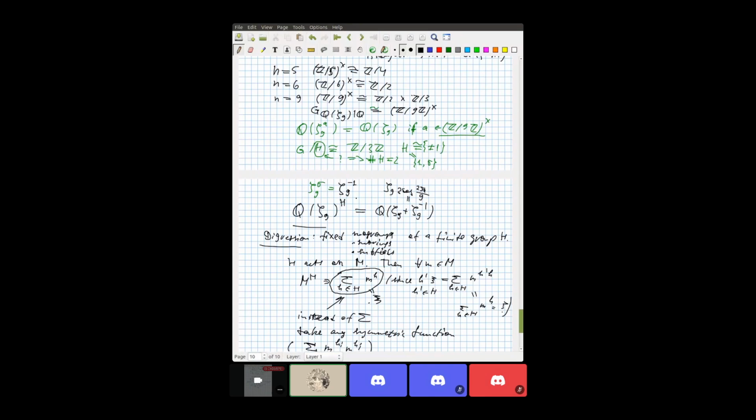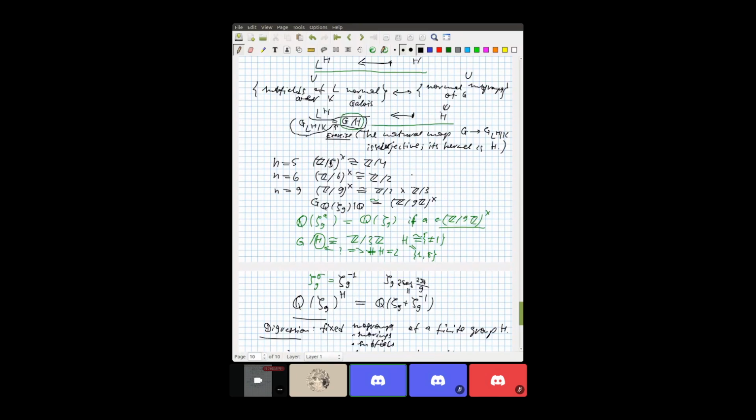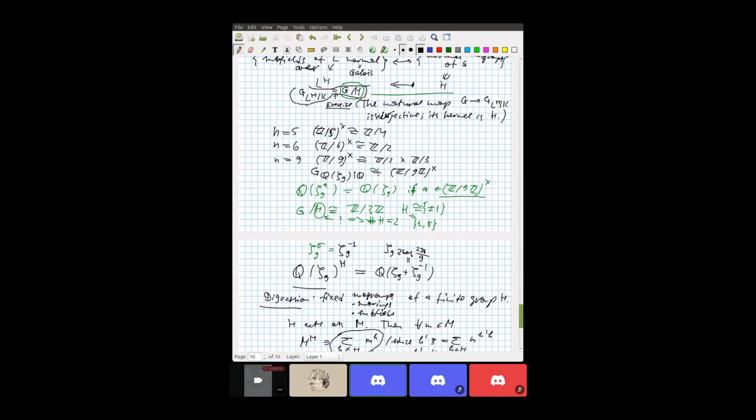No, I said that zeta sigma is zeta sigma inverted. Well, it's sigma inverted applied to zeta. But sigma inverted is the same as sigma because it is a group of two. But actually, I don't understand the difference between sigma and sigma inverted.